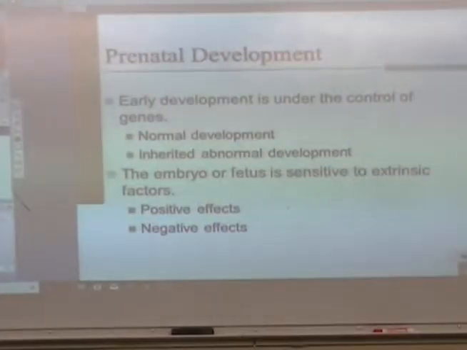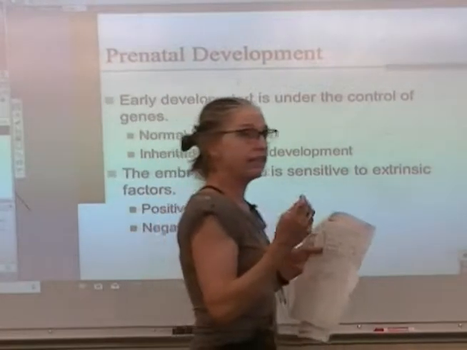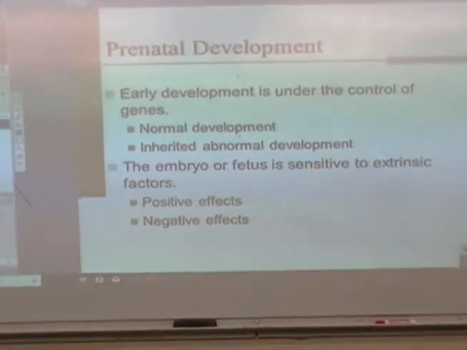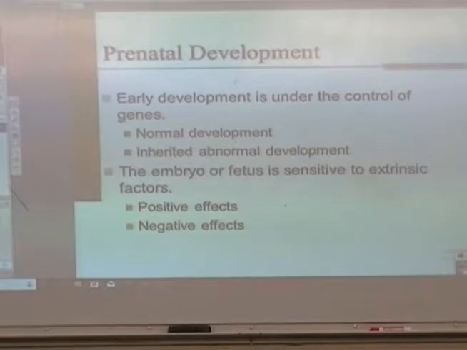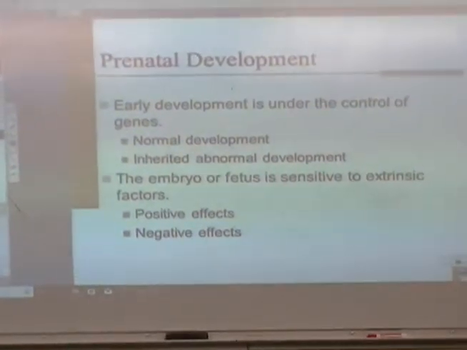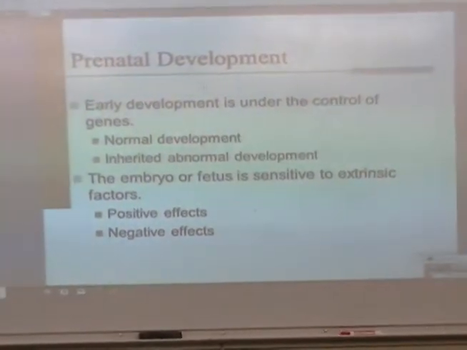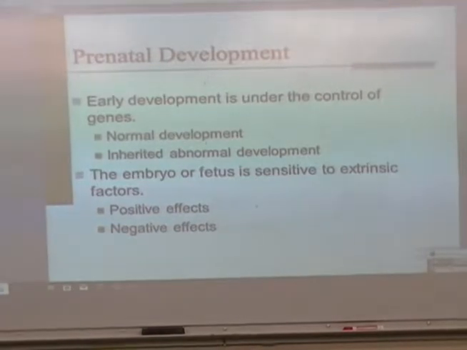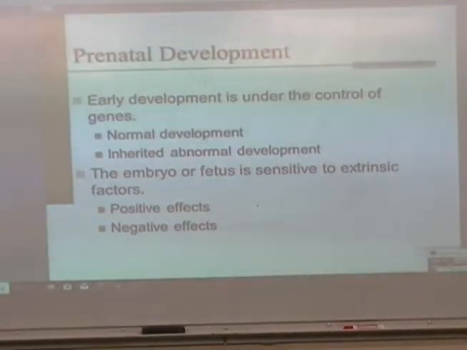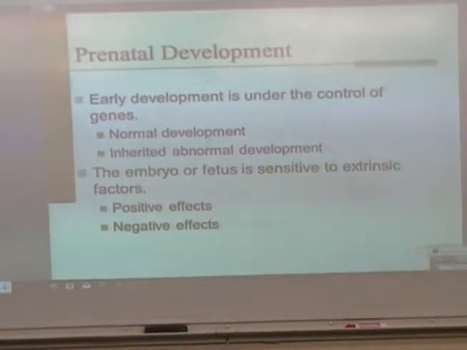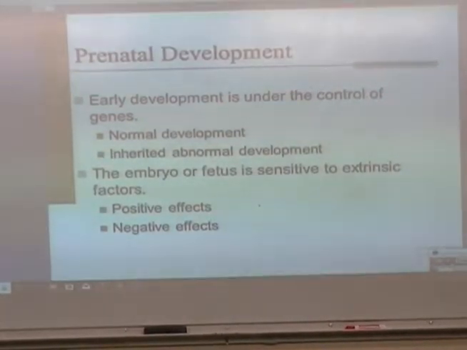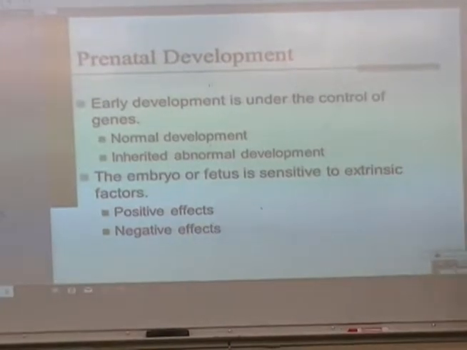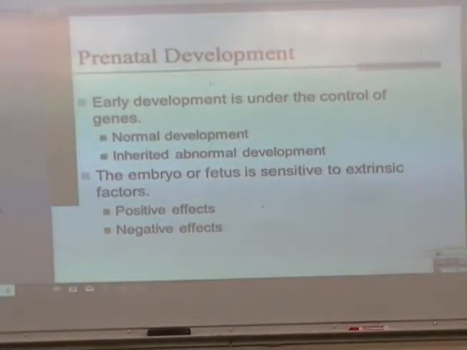All right, so early development in the womb is under the control of initially the genes. So the hereditary aspect, what does the baby get from mum and dad? And the genes determine or organize normal development for that child.